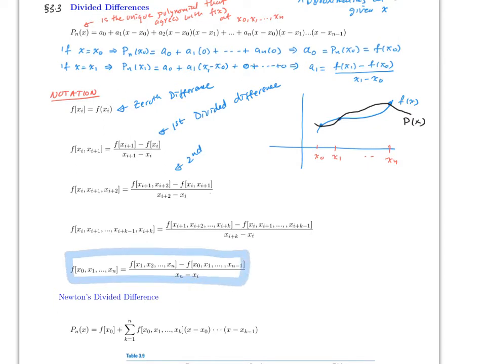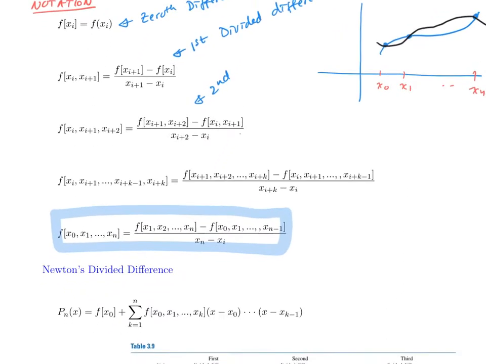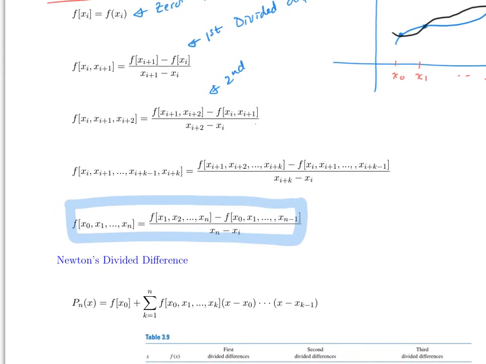Notice how the bottom are going to be the endpoints, and then on the top, the first part is going to go from here to here, and the second part from here to n minus 1. And there is a typo here, it should be x0.